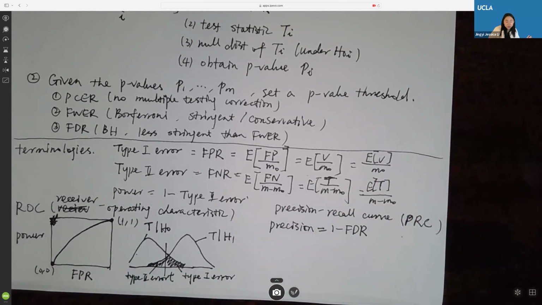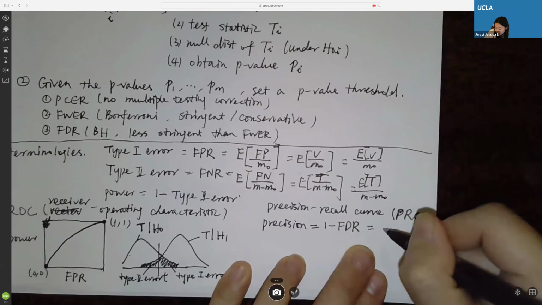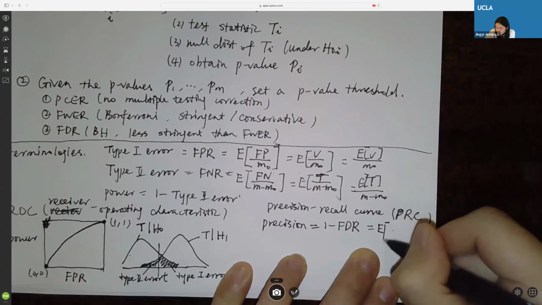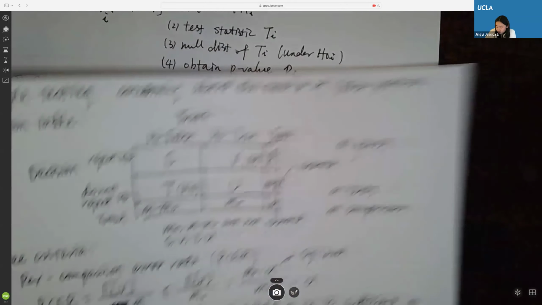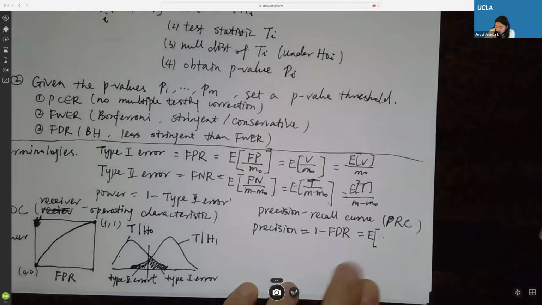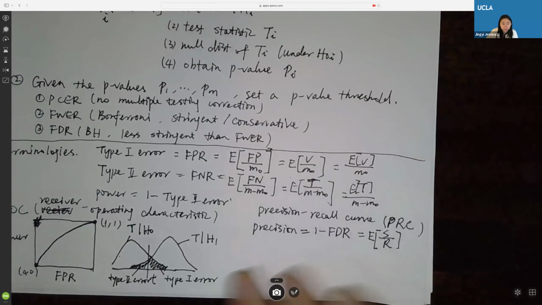But conceptually, they are related in this way because precision can be said as, if we follow the FDR expectation, the expectation of my true discoveries among my discoveries. Okay, so it's S over R. That's my precision.